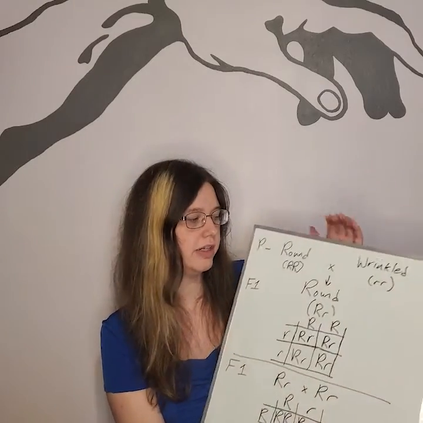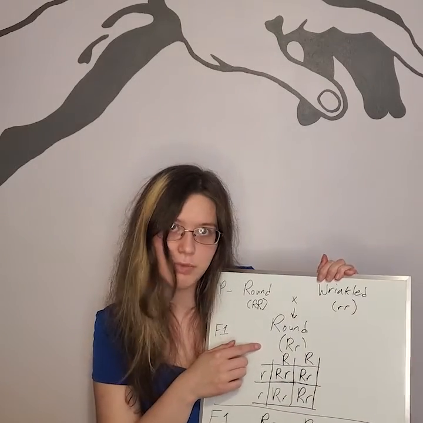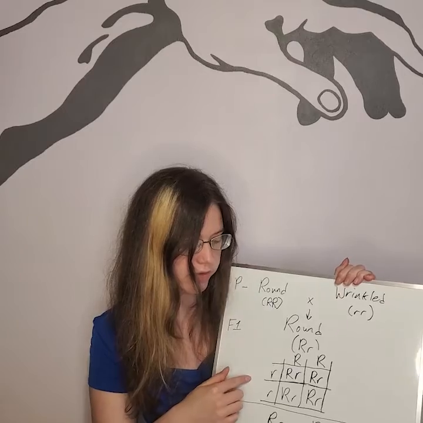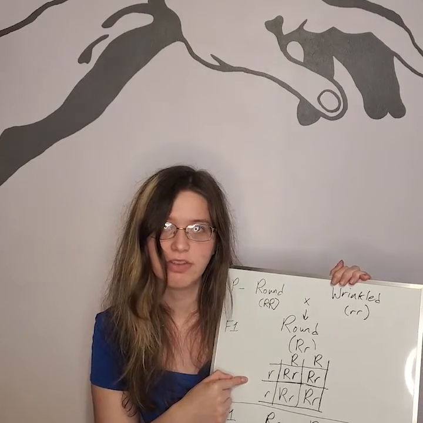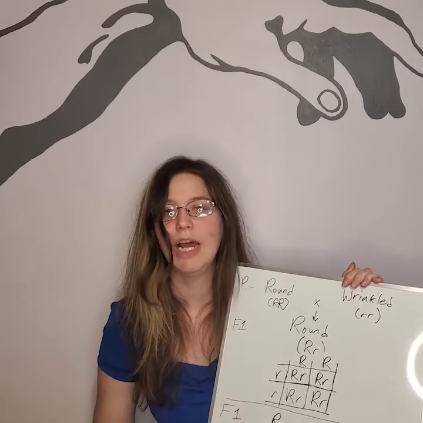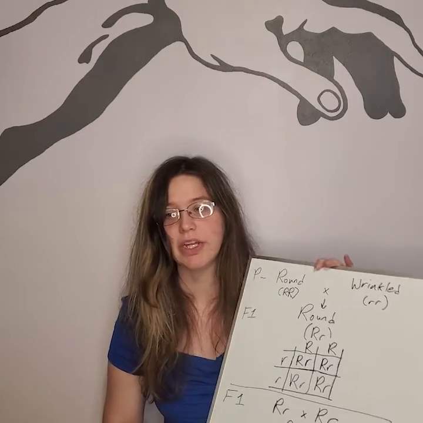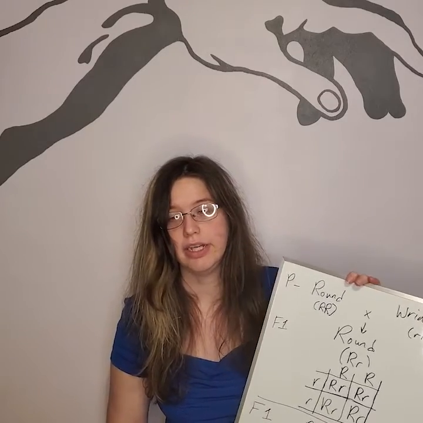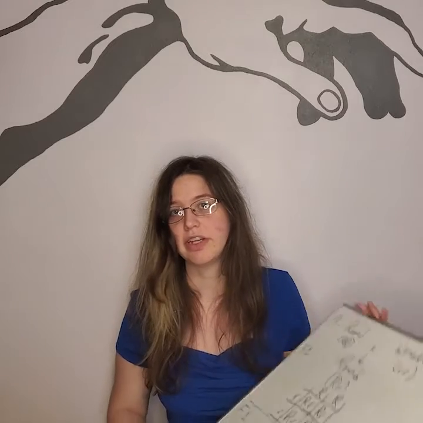So like we did here, if the unknown is homozygous dominant, it all results in heterozygous offspring. However, if the plant was heterozygous, then half the offspring will express the recessive trait, because half of them will only have the 2 recessive alleles.